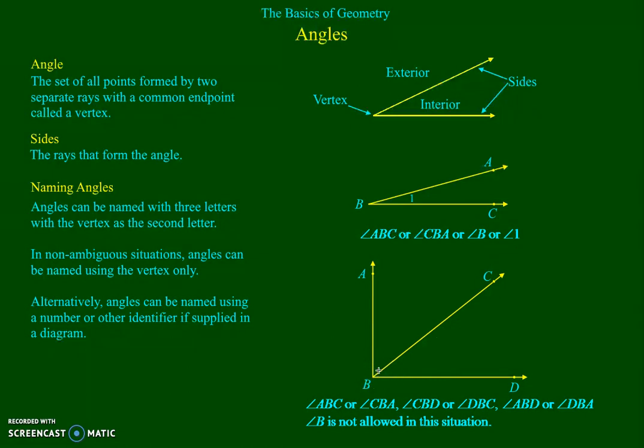It would not be clear what you were dealing with in this case. So you could say angle ABC, angle CBA, CBD, DBC, ABD, or DBA. And again, angle B is not allowed in this situation because it's ambiguous.